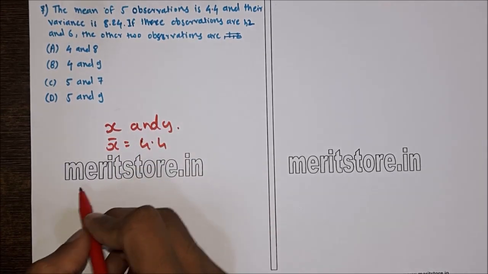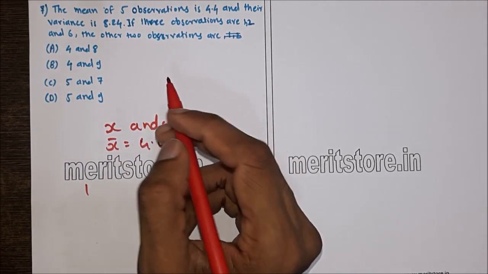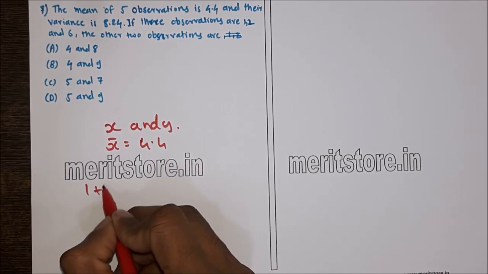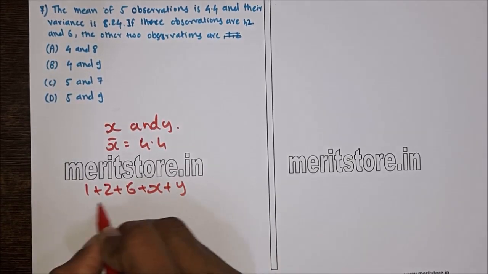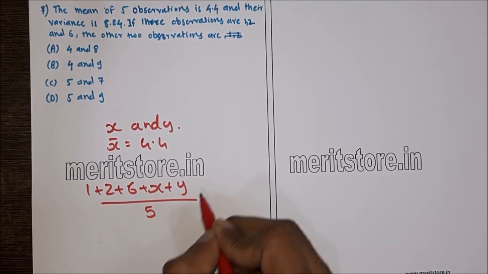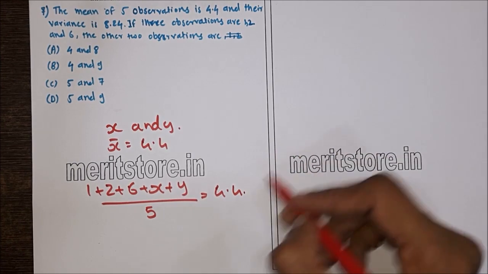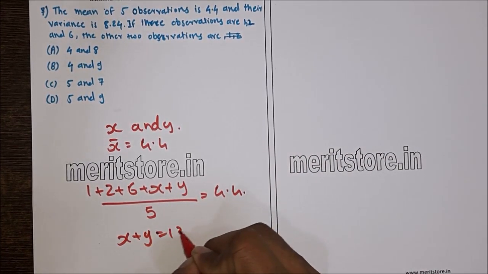So we write this as the observations 1, 2 and 6, plus X plus Y, and the number of observations is 5. We can write this as 1 plus 2 plus 6 plus X plus Y upon 5 equal to 4.4.